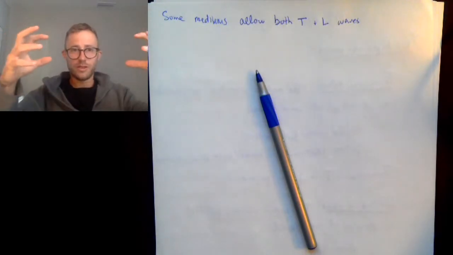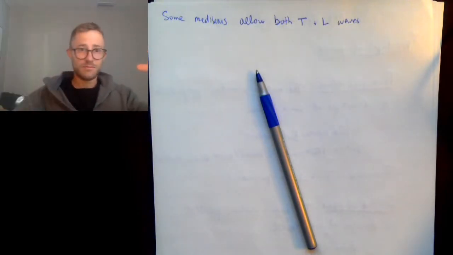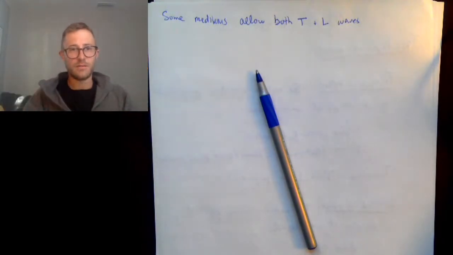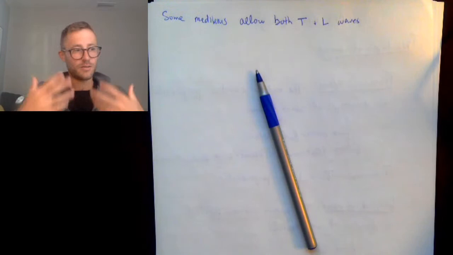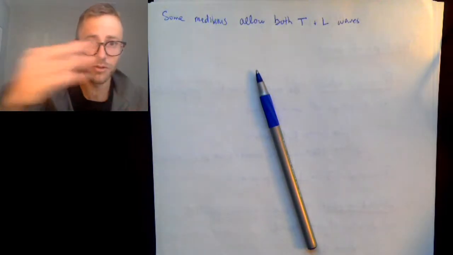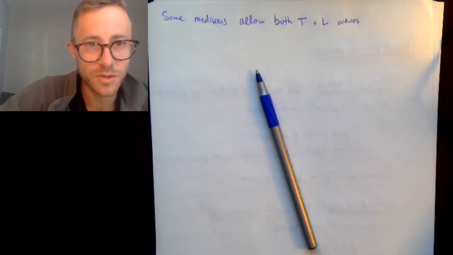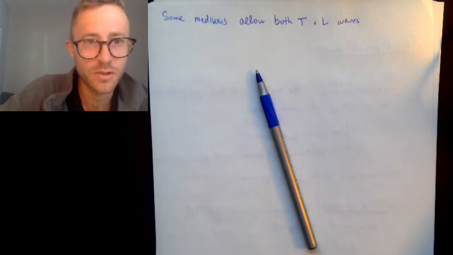But if you take the slinky and you vibrate it like this, you are going to create a longitudinal wave that travels along the slinky. I forgot to grab a slinky from my classroom, so I can't demonstrate that. But slinkies allow both.